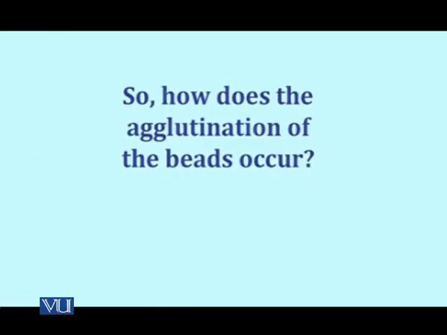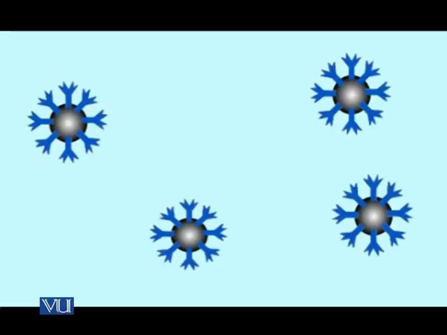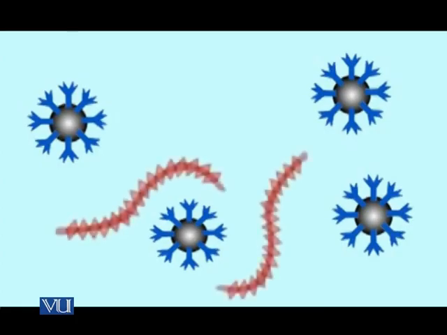Recall that the latex beads are coated with a specific antibody so that each bead can bind to numerous antigens. For agglutination to work, the antigen of interest must also be able to bind to multiple beads. Therefore, in this assay, antigens that can be detected are limited to large macromolecules that have repetitive antigenic domains, molecules like microbial capsules, flagella, or lipopolysaccharides.